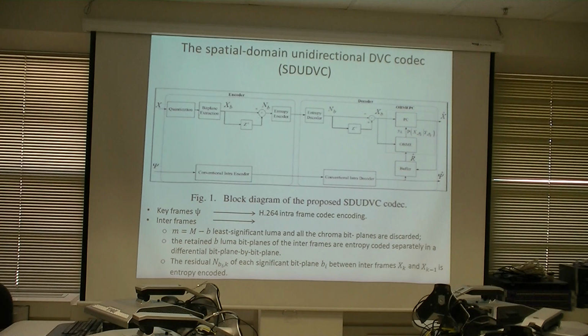Basically, you have a group of pictures. Psi is the key frame, and then X is the other frame that you want to compress. Each time you try to compress video, you group frames into a number of groups of pictures, and then you compress each group of pictures one at a time. In a group of pictures, you pick one frame as an index frame, or maybe even more, but let's say here just one frame, and then you use a conventional method to compress and recover it.